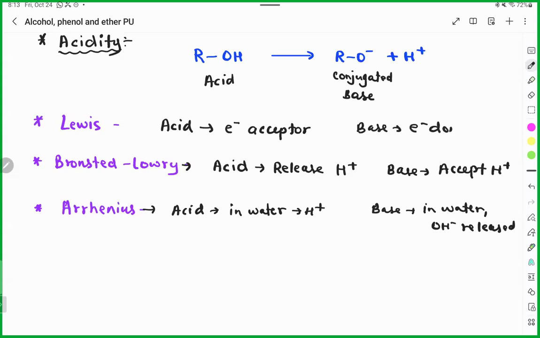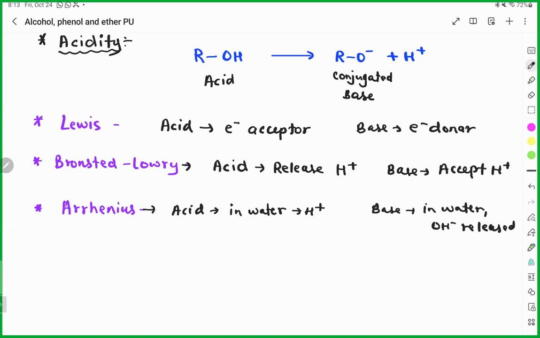So these are the three concepts, depending on what the criteria is. Lewis acid, example BF3. It does not have any H positive ion. In that case, we have to see whether it is electron deficient or excess electrons are present there. Right? Because most people say that acid means H positive should be present in it. No, it's not necessary.